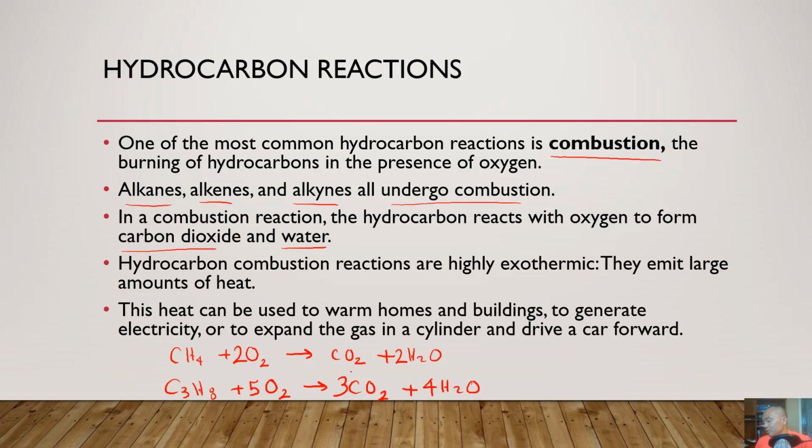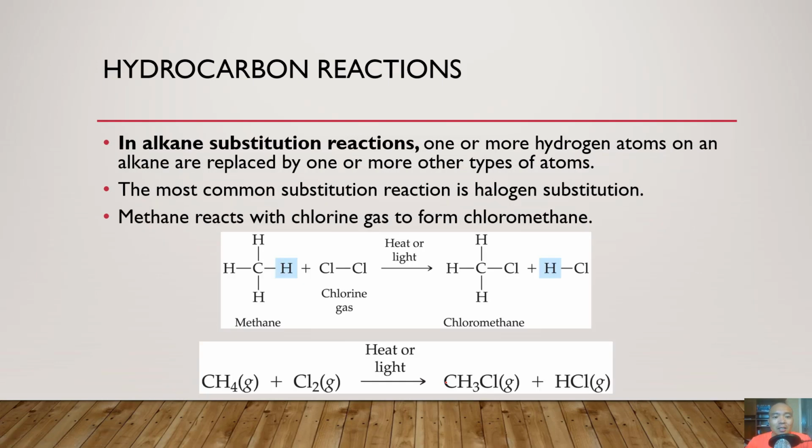So as you can see, hydrocarbons' combustion products are CO2 and water. Another reaction hydrocarbons can undergo, for alkanes for example, is substitution reaction. When you have heat or light, methane can react with chlorine gas, and one of the hydrogens will be replaced with chlorine.